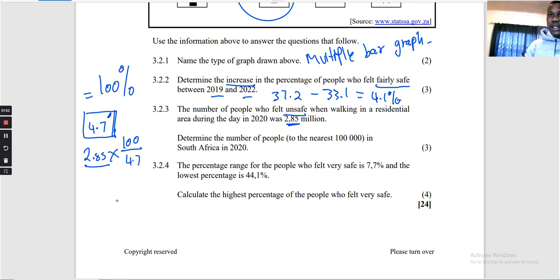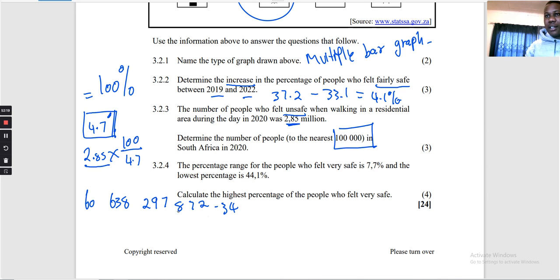So this gives me, in full, 60,638,297.872. They say we must round it to the nearest 100,000. So let's look at the 100,000 place.